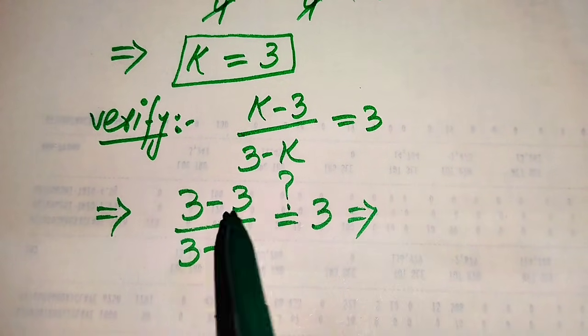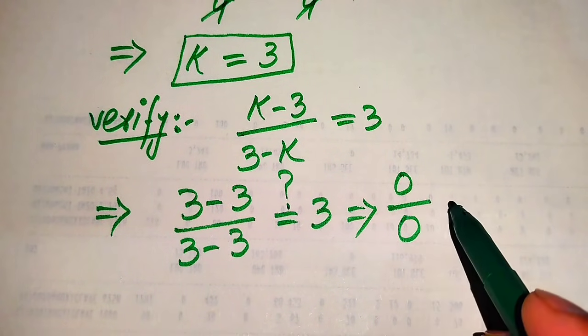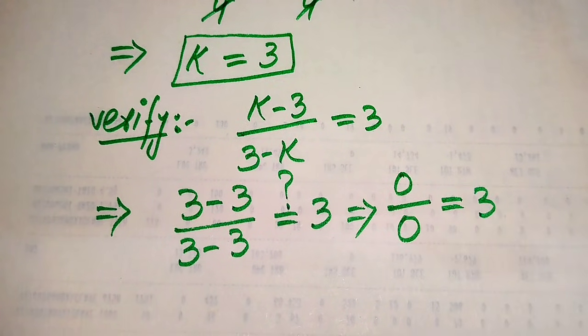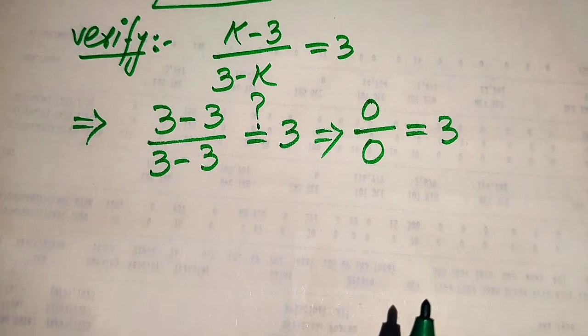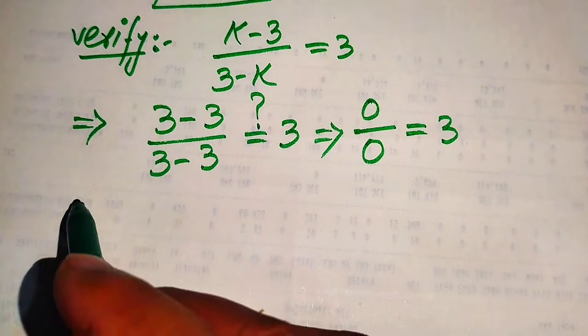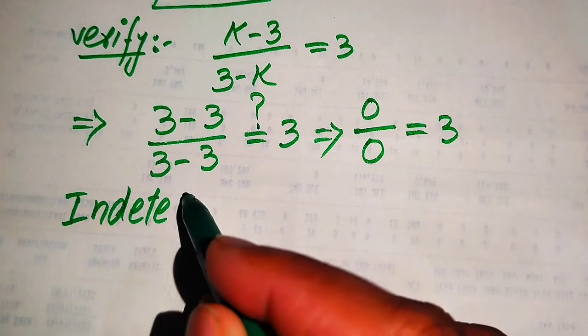So you see here 3 minus 3 becomes 0, and this 3 minus 3 also becomes 0, is equal to 3. So here you see that in the left hand side we have the 0 by 0 form, or in other words we just say that it is an indeterminate form.